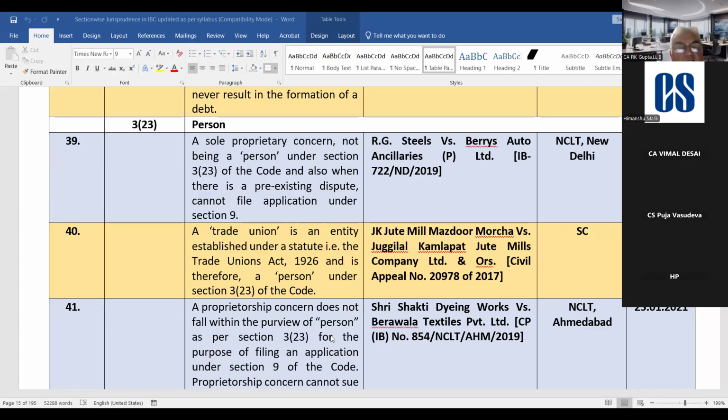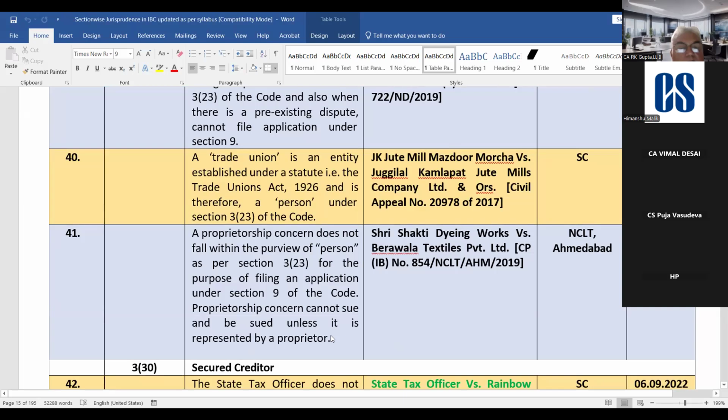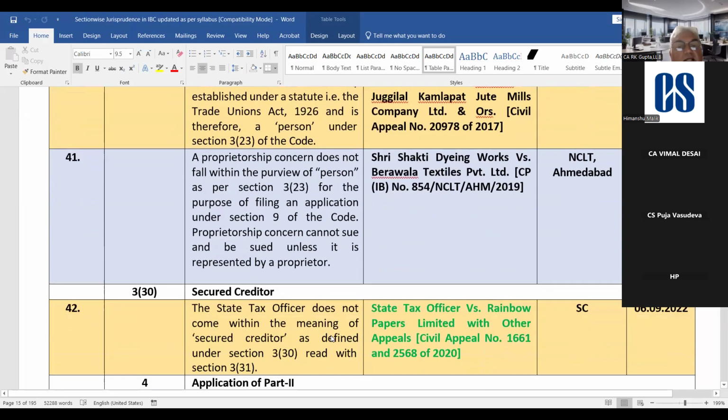Proprietary concern cannot sue or be sued unless it is represented by a proprietor.